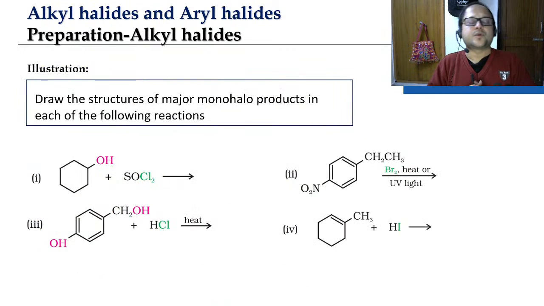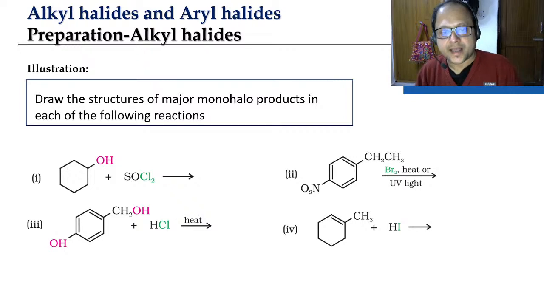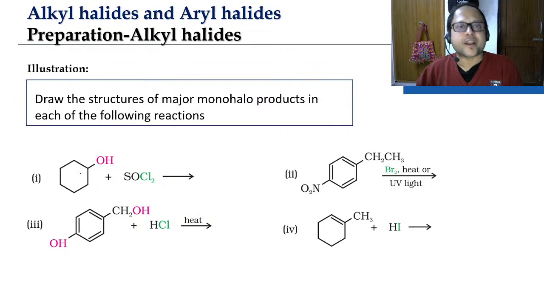So here we come towards the end of the session, and we are going to answer these 4 simple questions which are there in your NCERT also. The first one is a straightforward one, right? When you have got this ROH, this is the best reagent you have got for chlorinating. So what is going to happen?